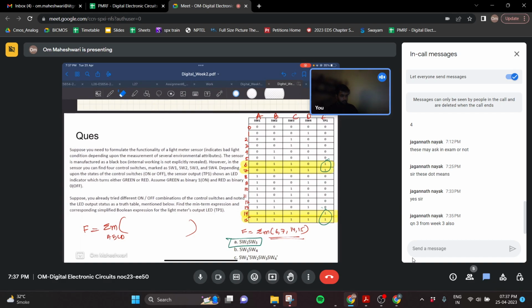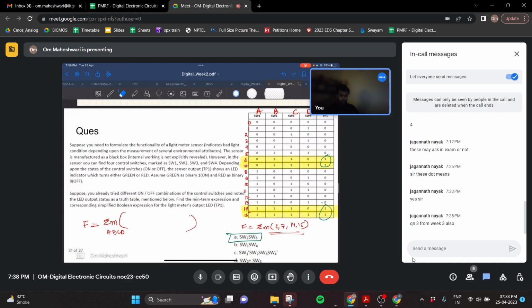The sensor output TP1 is an LED. Assume green is 1, on, and red is off. Suppose you already tried different on-off conditional controls in the input mentioned below. Find the minterm expression corresponding to the Boolean light meter's output.